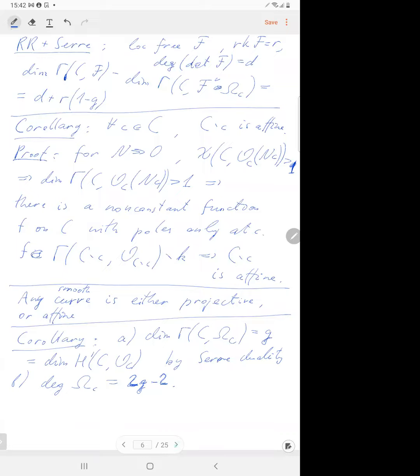Okay, and now the next very important corollary is the Riemann-Hurwitz theorem. So we have a morphism f, or maybe pi, I don't know, from one projective smooth curve to another one.